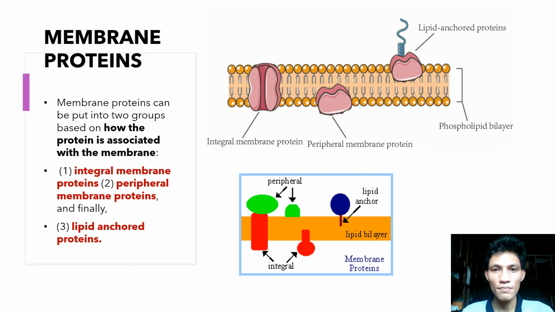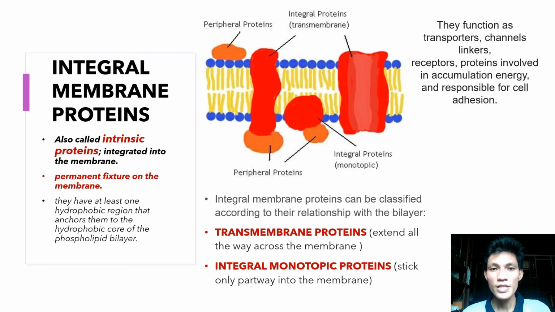Membrane proteins can be put into two groups based on how the protein is associated with the membrane: the integral membrane proteins and the peripheral membrane proteins, and of course, the lipid-anchored proteins. So first, integral membrane proteins, also called intrinsic proteins, meaning integrated into the membrane or a permanent fixture on the membrane.